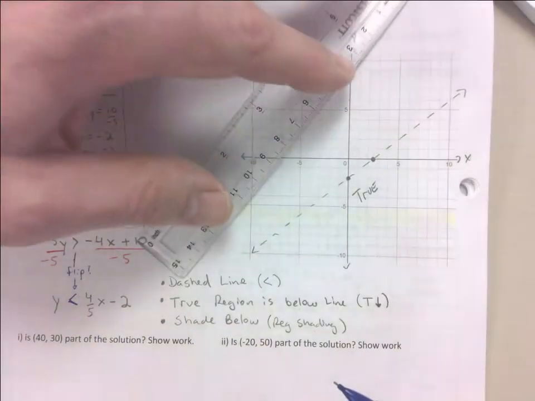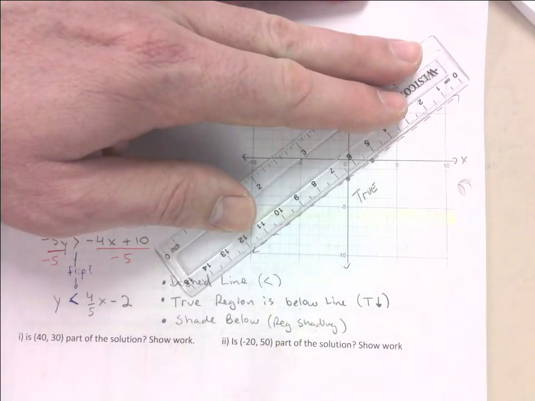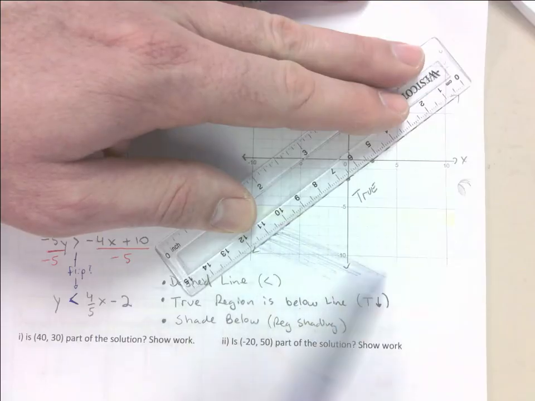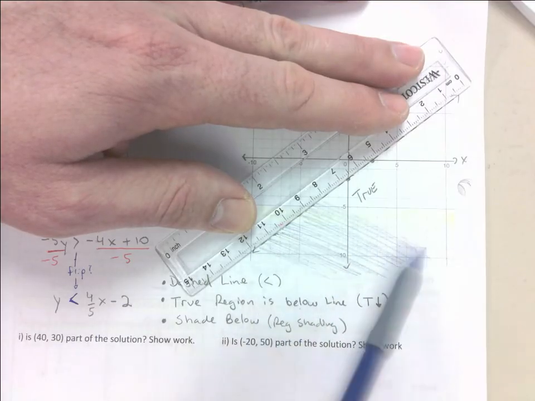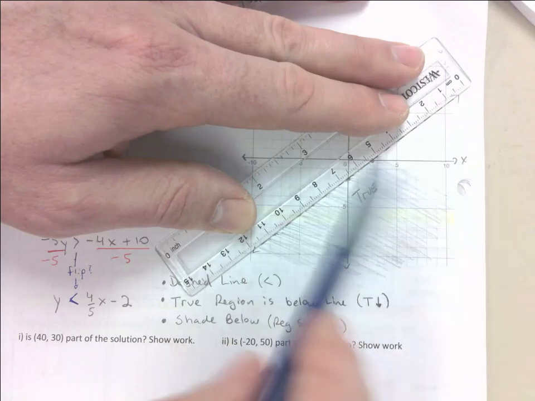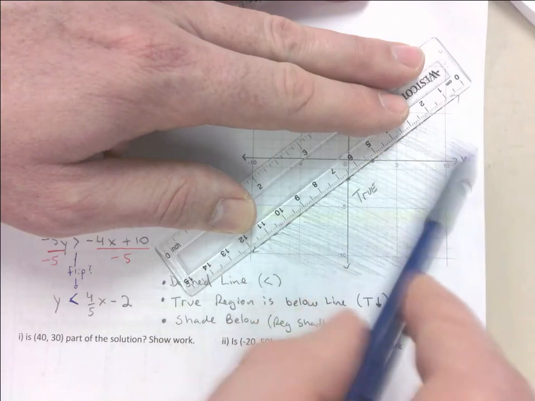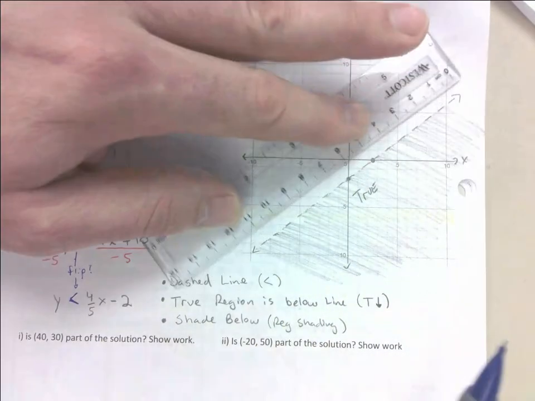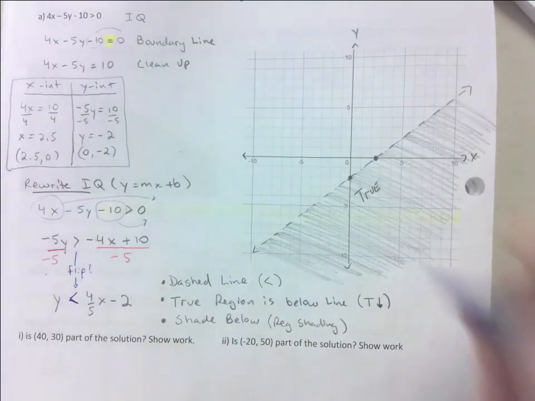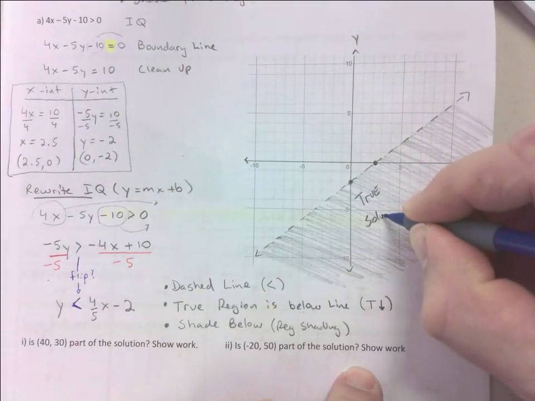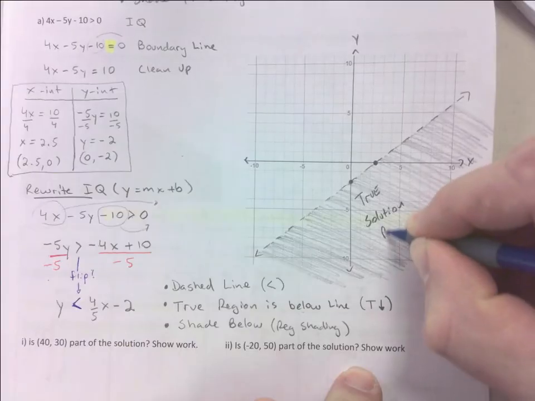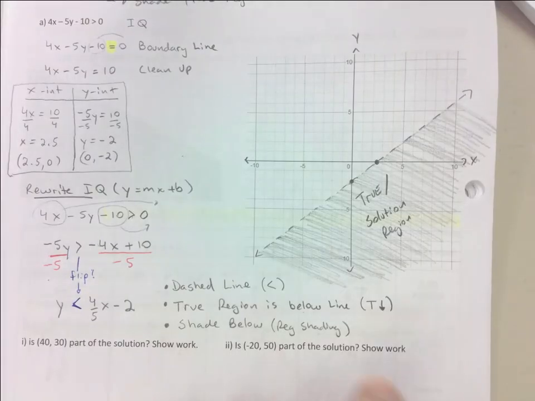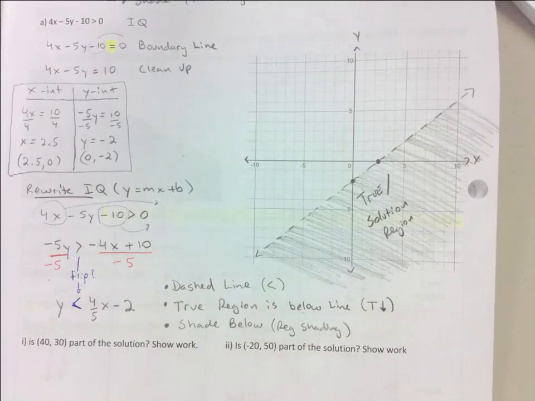So you grab your ruler and you shade that region for now. True or solution? True / solution region.